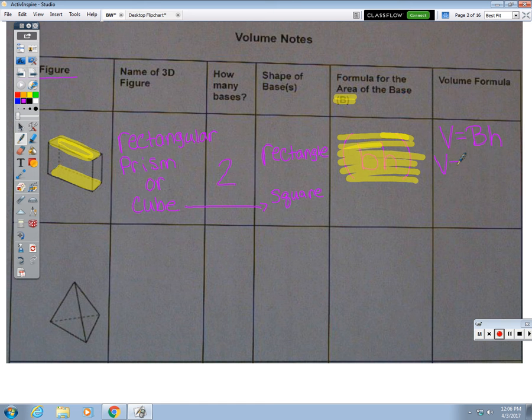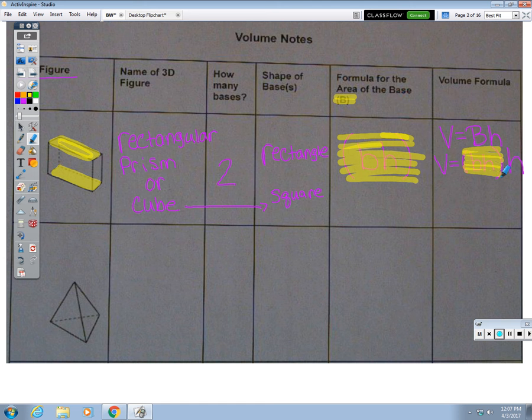volume equals base times height, close our parentheses, because I'm taking this and moving it here, times the height. And then I'm going to highlight that in yellow. Okay?